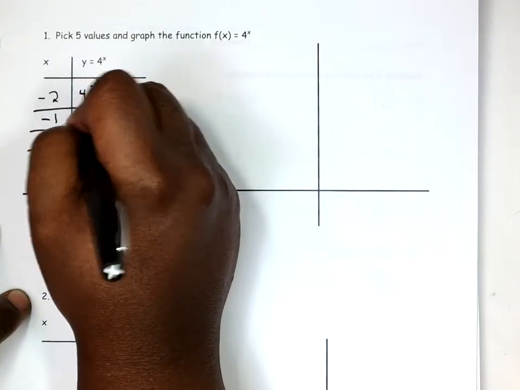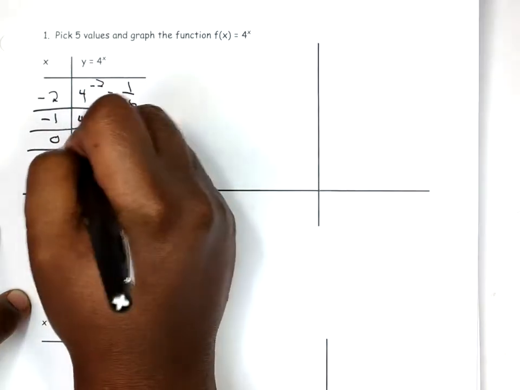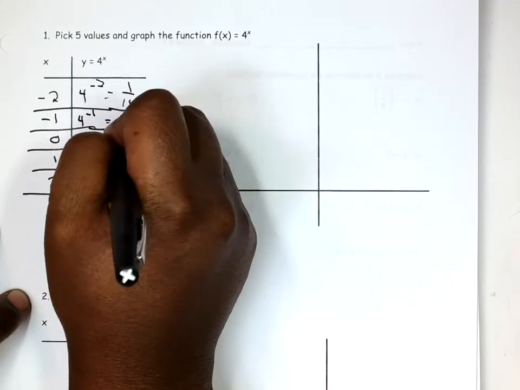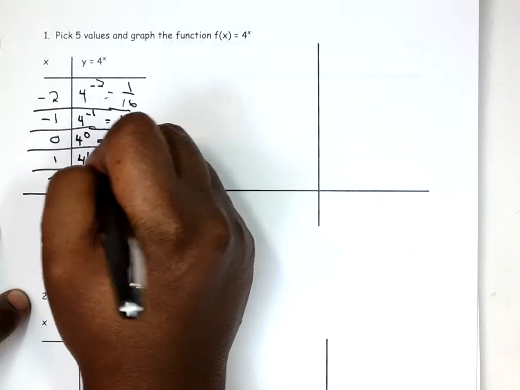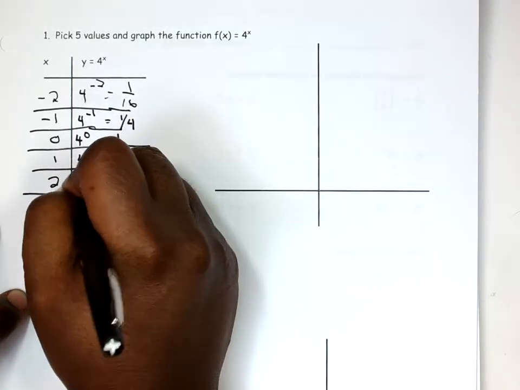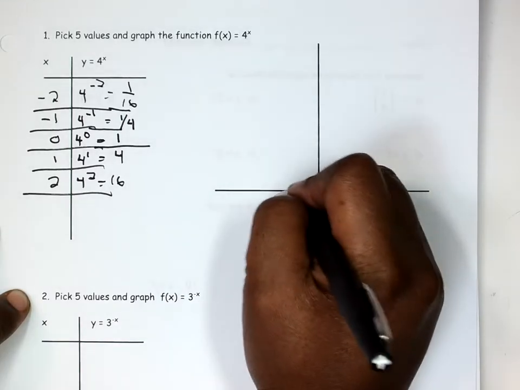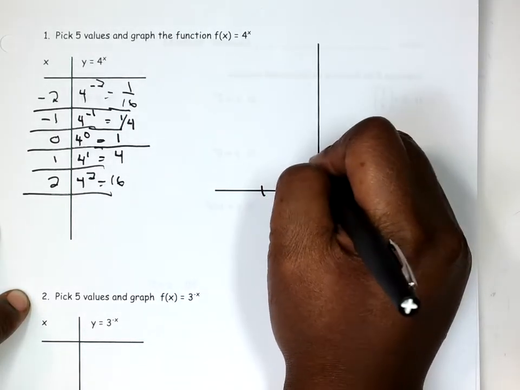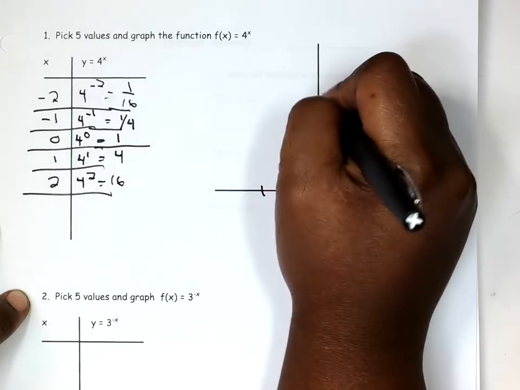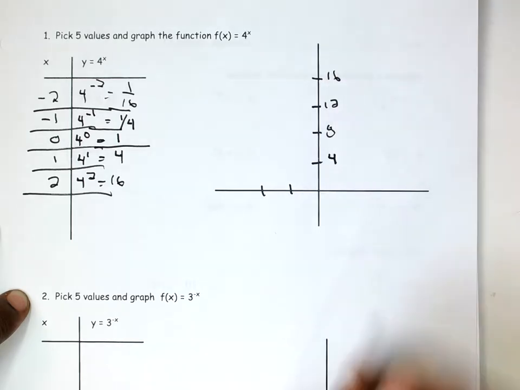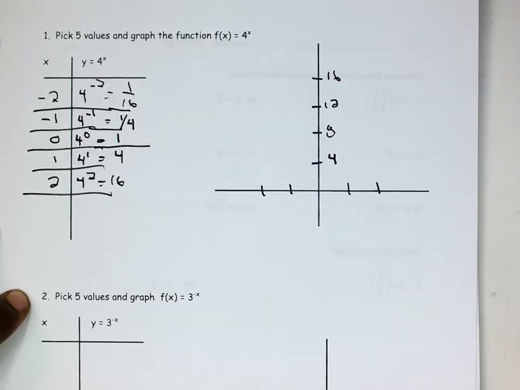Negative 1 is 4 to the negative 1 power, which is 1 over 4. 4 to the 0 power is going to equal 1. 4 to the first is 4. And 4 squared is equal to 16. So I just went up by 4s to make it a little bit easier.